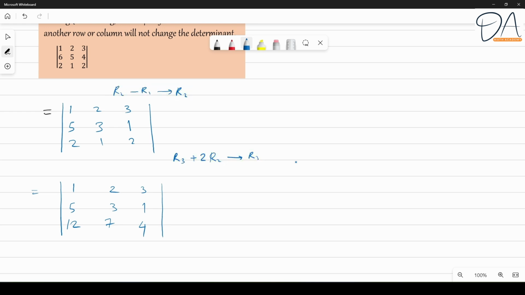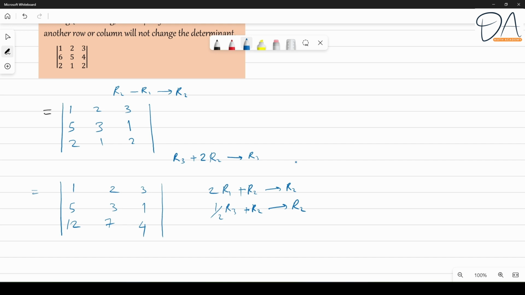Now, a very important point here is that if you are trying to modify a certain row, let's say R2, you can add a multiple of another row to it. You can, for example, add 2 times R1 to R2. So you can do things like 2R1 plus R2, and this becomes R2. Or you add R3 to R2, and this gives us the new value for R2.